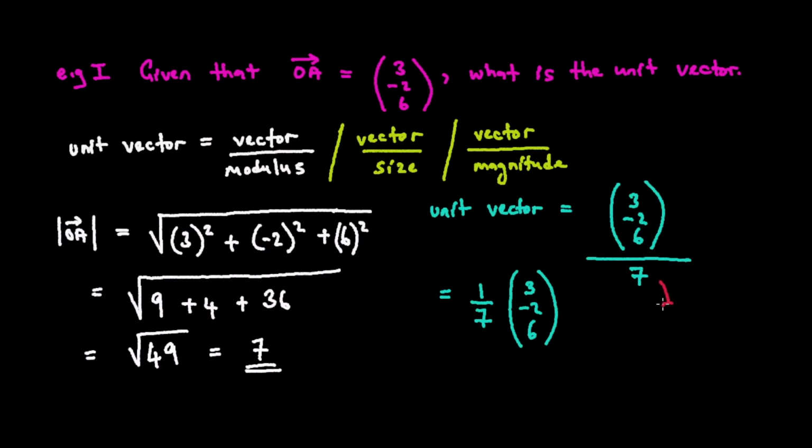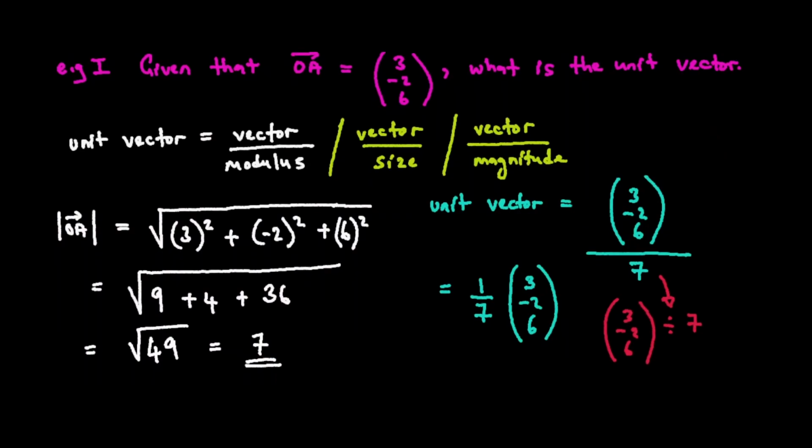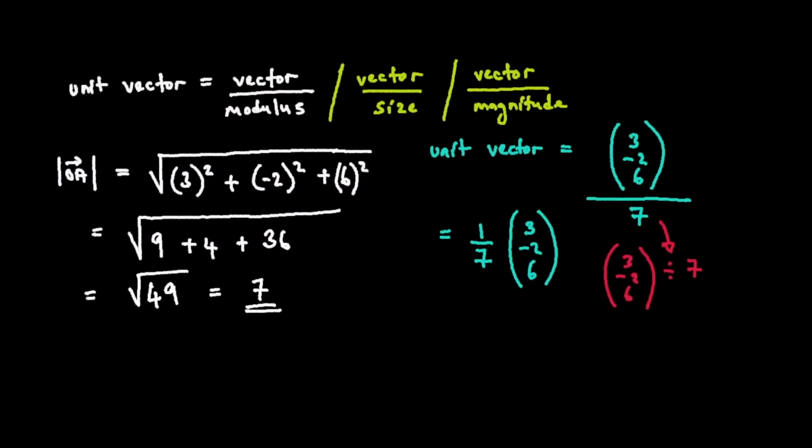And what is the long way? The long way is that you write (3, -2, 6) dividing 7, then afterwards you say this is equal to (3, -2, 6) multiplying. Remember, when converting from division to multiplication, we invert 7, the divisor.